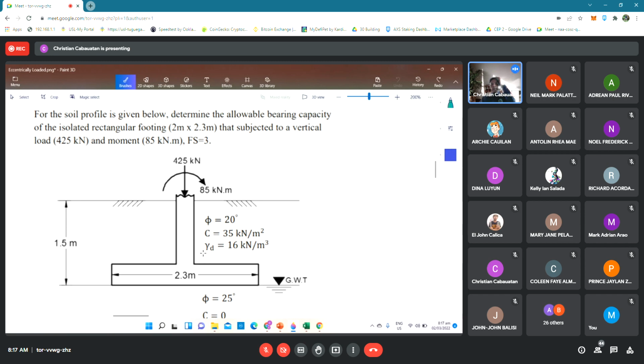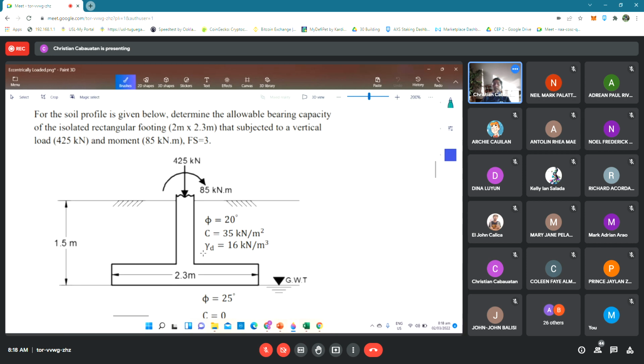Bakit 2.3 siya? Okay? Kasi sa given mismo sa word na nasa taas niya, it is not stated, okay? So you will base on the diagram or the figure that is given. 2.3 kasi the eccentricity acts or rotates on the L direction, in the length direction.